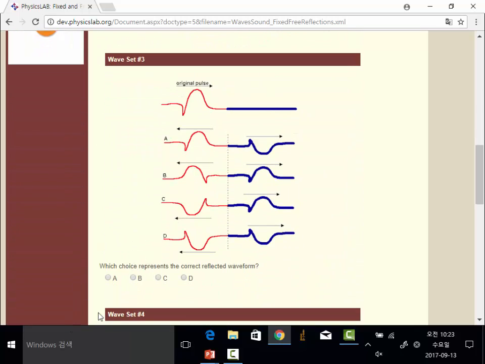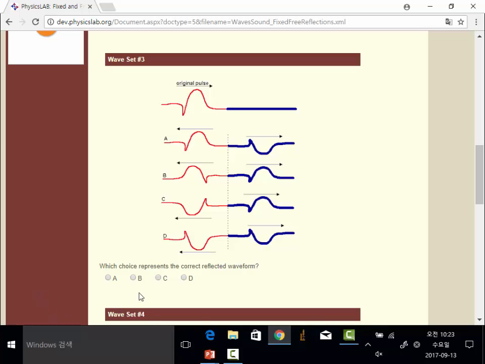And now you have two different materials. So the left side is soft, and the blue one is the stiff one. So then it will be more like your fixed end. So then what will be the response? A, B, C, D. So it's going to be inverted, but the shape will be the same in medium B. So which one?